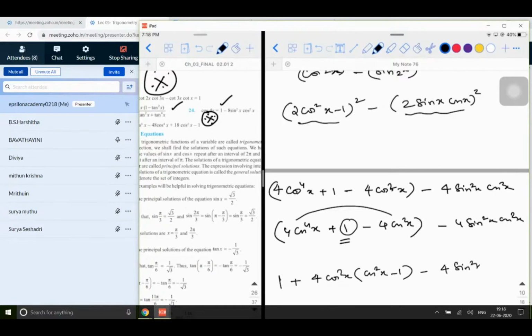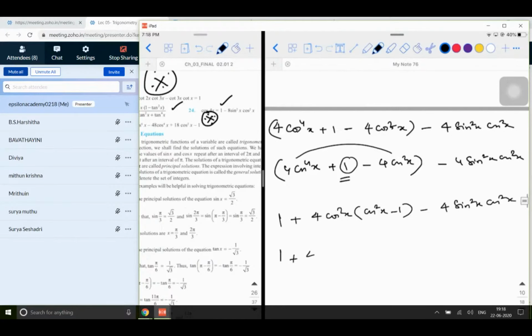I already have minus 4 sin square x and minus 4 sin square x cos square x. So I am not disturbing it. Right. So 1 plus 4 cos square x into cos square x minus 1. What is cos square x minus 1? Minus sin square x.